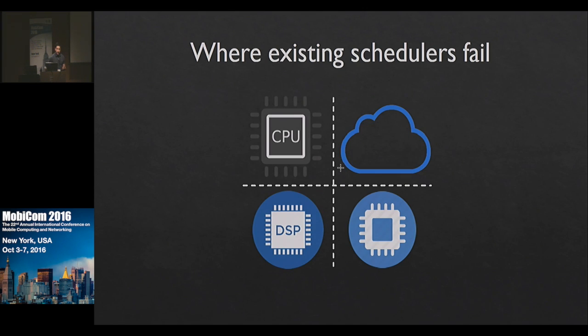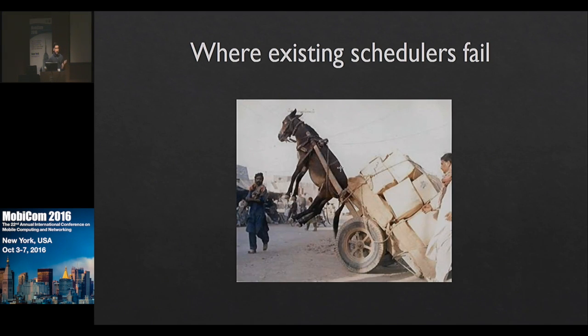Another problem is that many of these scheduling frameworks concentrate on one of the computational offloading resources, so they'll either use a low-power DSP or they'll use cloud for offloading, but very rarely do they use more than one resource to offload computation. And then we have a third problem, which is that many of the existing scheduling frameworks are actually quite heavy to be applied to the workload of sensor processing.